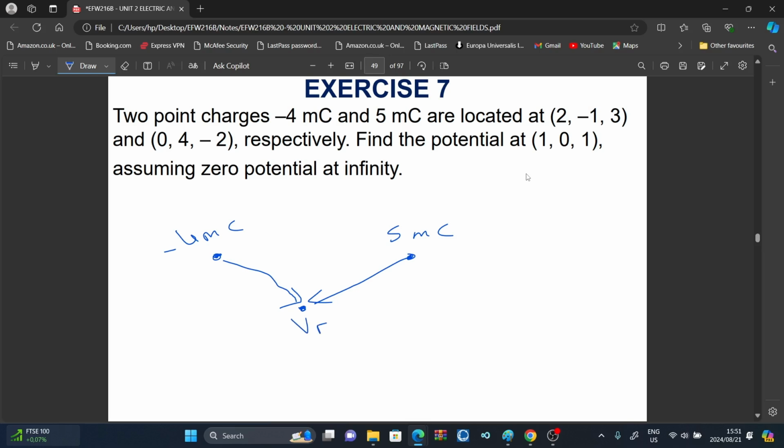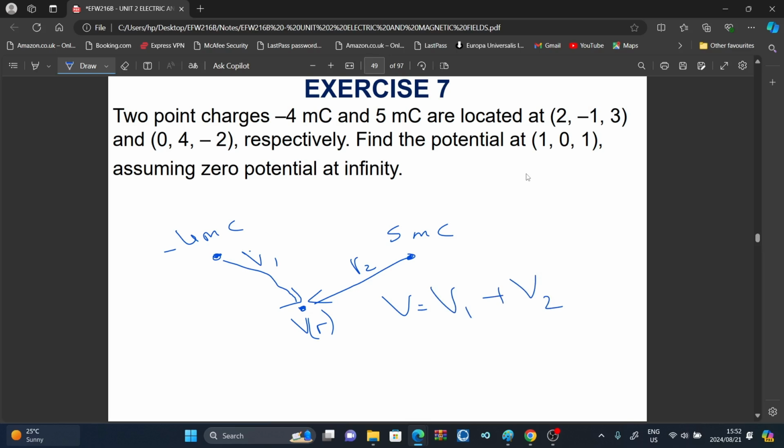So the voltage applied to this point here is VR, plus our voltage from this point to this point. I'll call this V1, this one V2. So we must add V1 plus V2 at that point here.